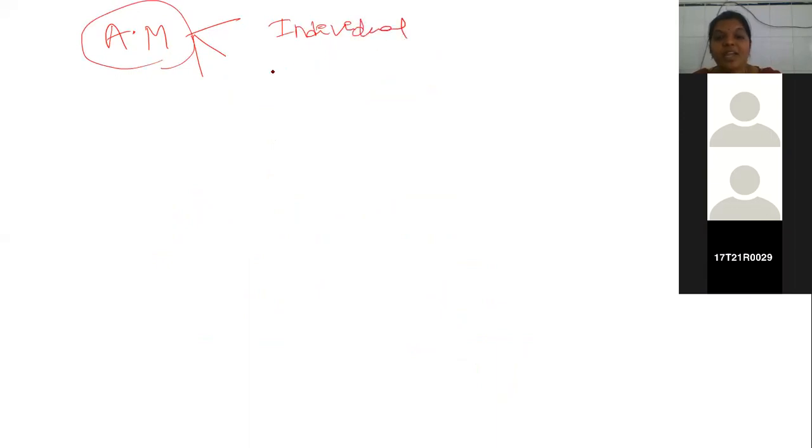What I discussed in the last class regarding arithmetic mean: we have three different types of series. We calculate the arithmetic mean for individual observations, then for discrete series, and the third one is for continuous series.